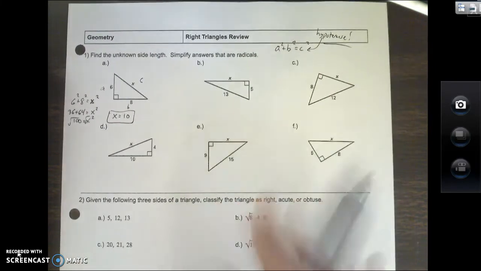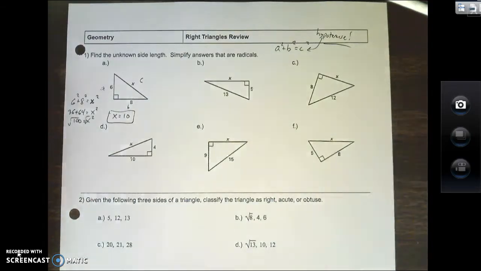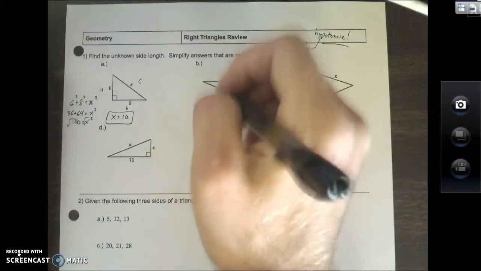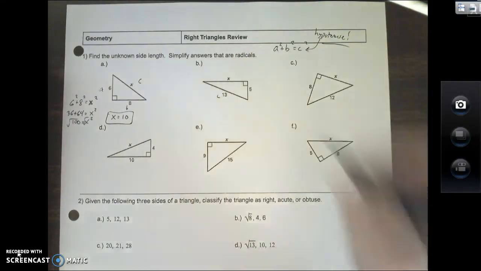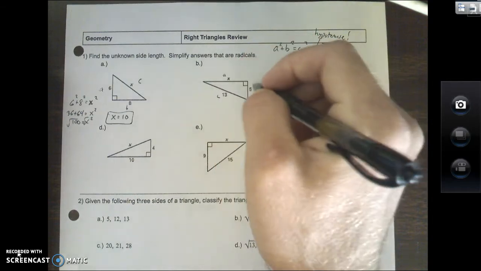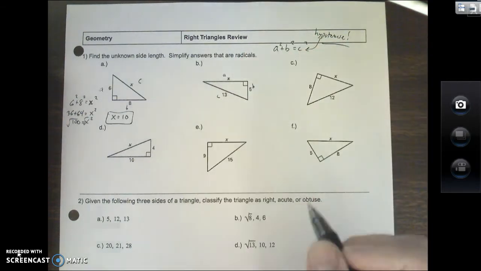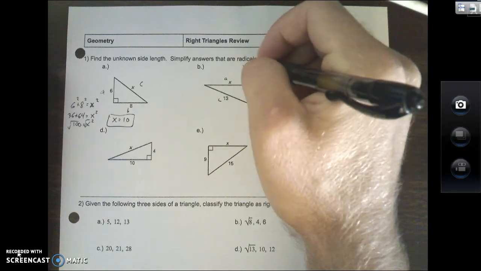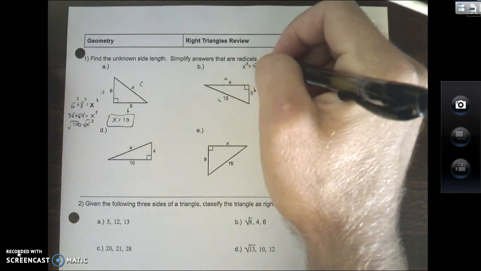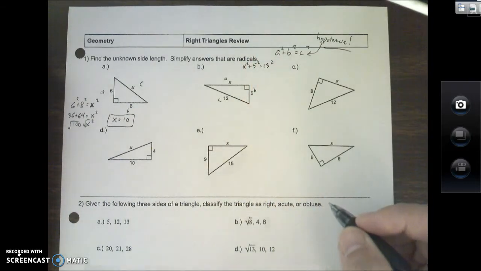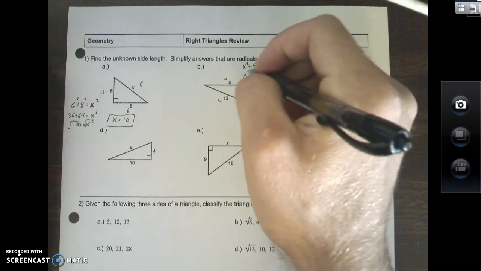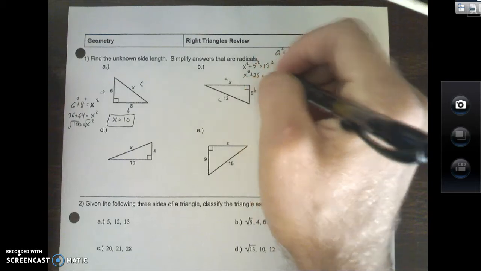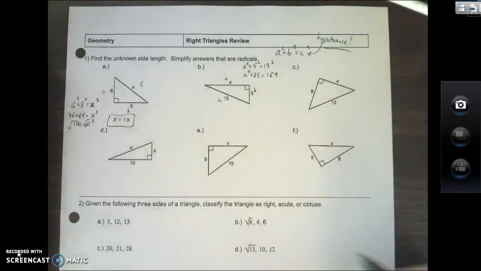Part B. My 13 is going to be my C. Here's an A, here's a B. Again, the hypotenuse is the hardest one. So up top here, I've got x squared plus 5 squared equals 13 squared. So we're looking at x squared plus 25 equals 169.